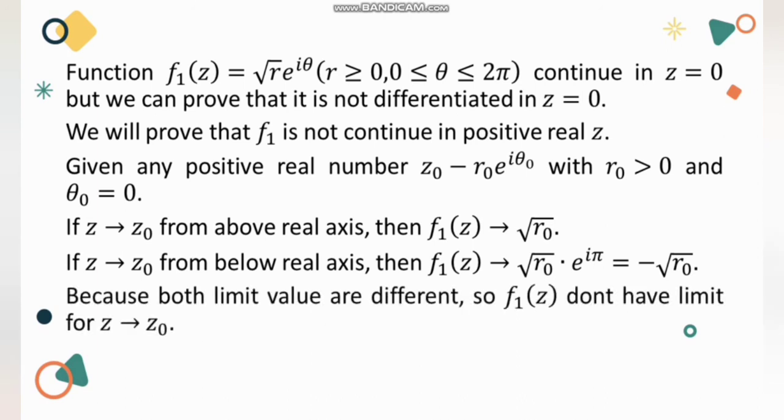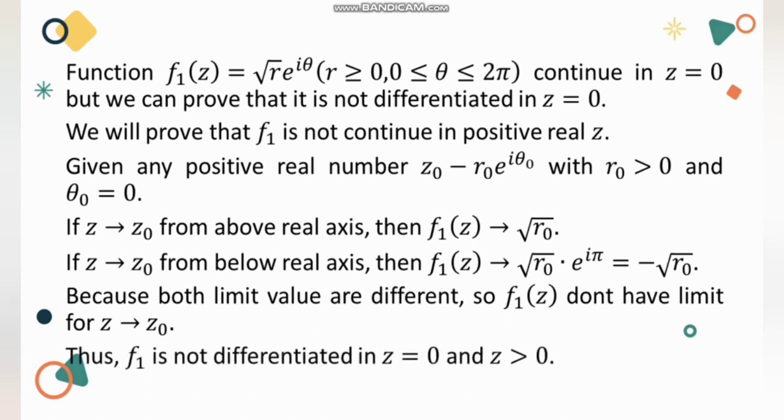Because both limit values are different, f1(z) does not have a limit as z approaches z0.